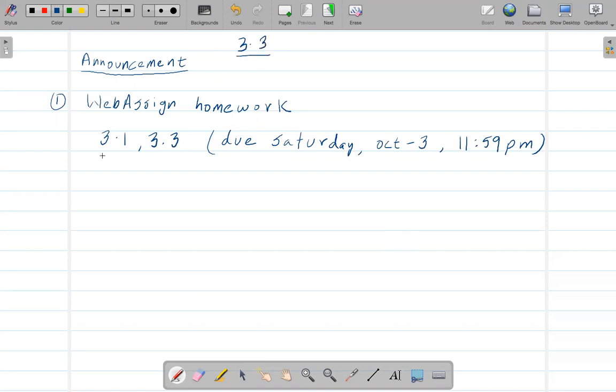So this section plus the section I covered Monday, Tuesday, I made 3.1 as Monday and Tuesday, both combined lecture. That section and this section web assigned homework is due this coming Saturday, which is October 3, 11:59 p.m.